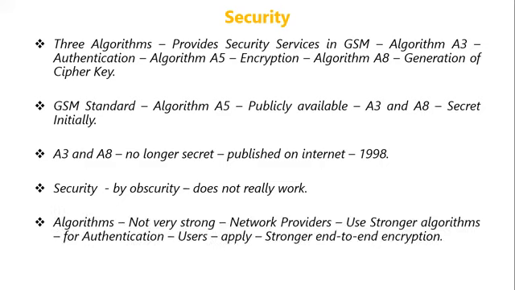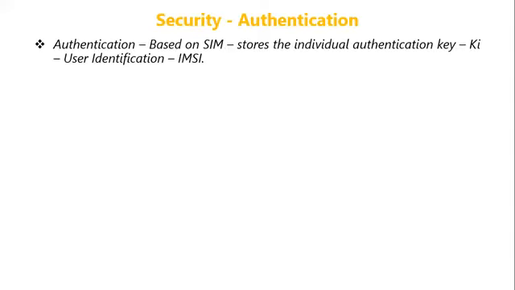Next, we'll be discussing authentication in detail, how authentication is done. Authentication is done based on the SIM. Before a subscriber can use any service from the GSM network, the subscriber must be authenticated. This is done based on the SIM.